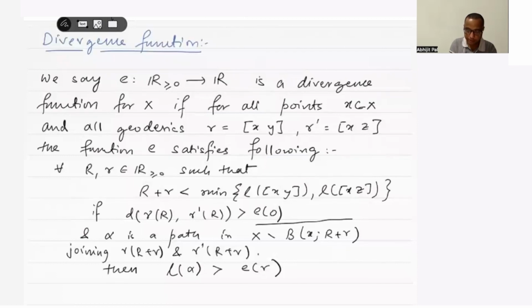For all non-negative numbers capital R, such that capital R plus small r is less than the minimum of the length of the geodesic xy and the length of the geodesic xz, and if the distance between gamma R and gamma prime R is greater than E0, and alpha is a path in the closure of the complement of the ball of radius capital R plus small r around X, and alpha joins gamma R plus r and gamma prime R plus r, then the length of alpha is greater than E(r).